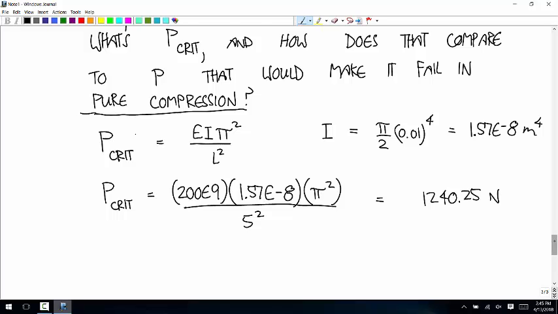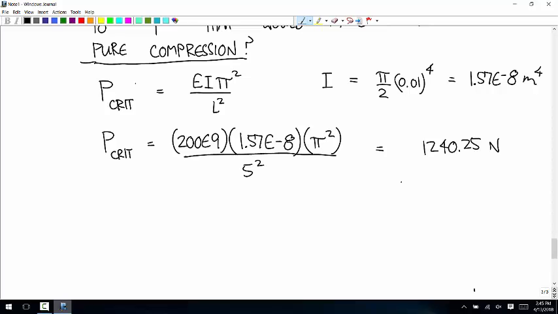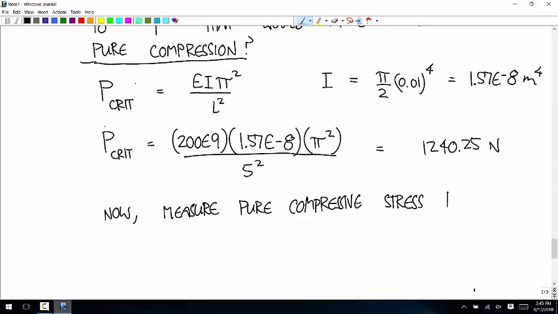Okay, so now let's take this force and figure out what happens in pure compression. We'll measure just the compressive stress from that load.